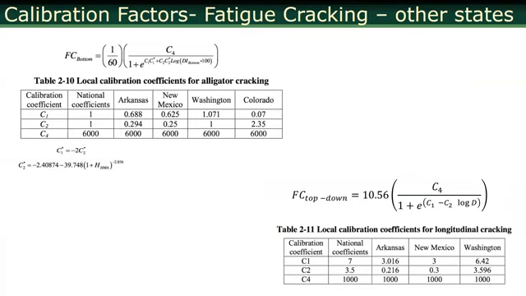These are some numbers from other states. These are national coefficients, and these are what Arkansas, New Mexico, Washington State, and Colorado use. These are for bottom-up fatigue cracking, and this is for top-down cracking, just for reference purposes. I put them in there.